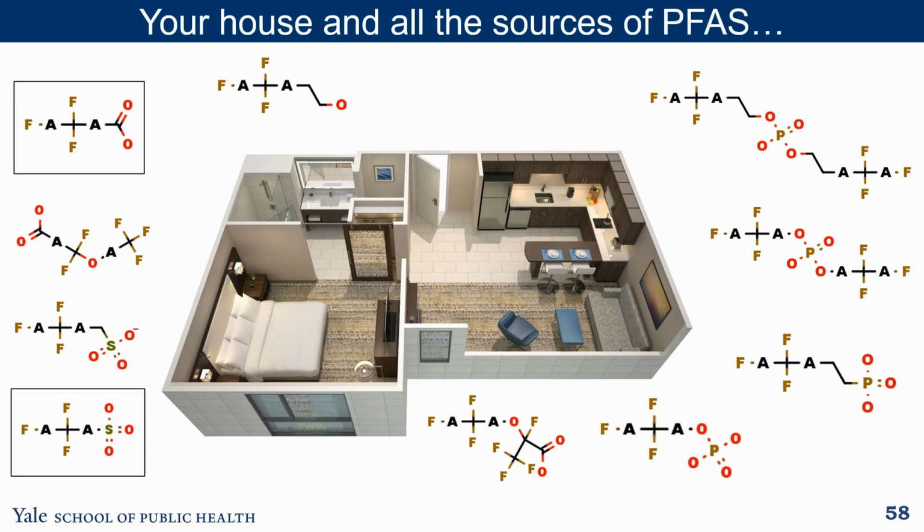Again, here are some of those structures. The two most common PFAS are ones that end in a carboxylic acid, here on top, highlighted as a square in the square. That's carboxylic acid, again with different lengths of carbon fluorine. On the bottom is sulfonic acid with different lengths of carbon fluorine.